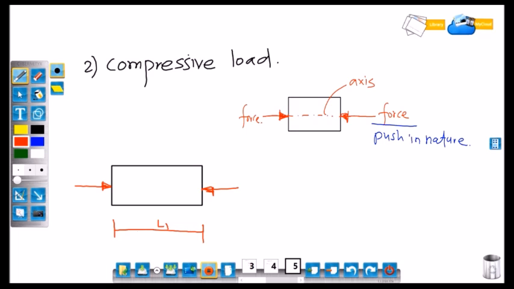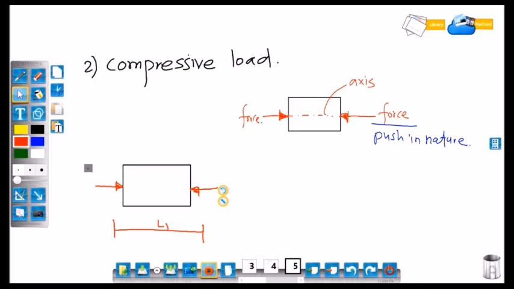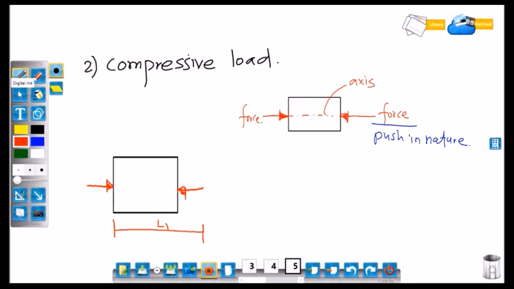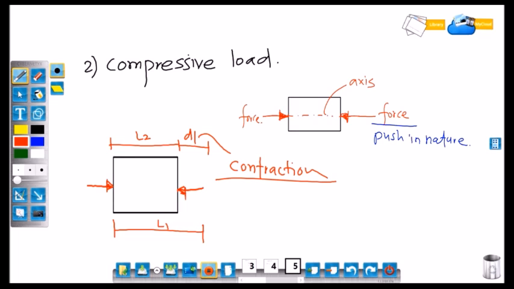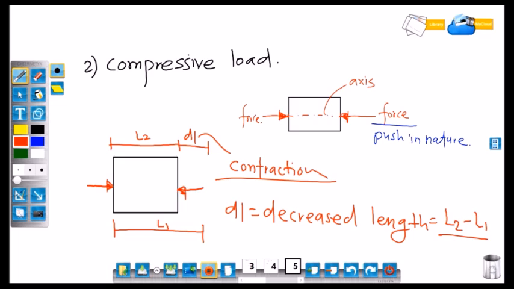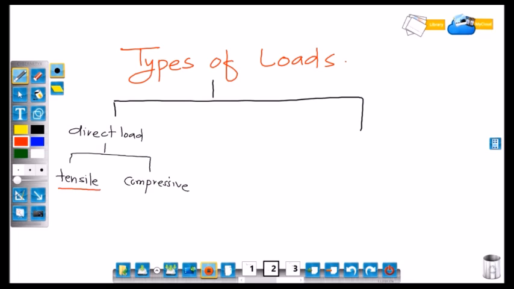This is the original length of the body, that is L1. When compressive load is applied, the body will contract. This is the final length, that is L2, and delta L is the contraction, that is the change in length, equal to L2 minus L1. So tensile is a pull type of load and compressive is a push type of load.